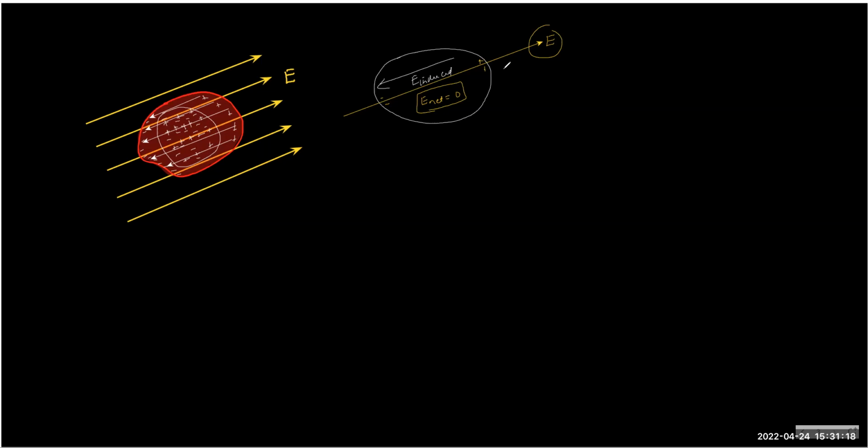The property of a conductor is to terminate all the field lines on its surface and re-emanate the lines from the surface itself. The bulk represents zero electric field, and the graphical way to represent zero electric field is to not draw any field lines. That's the whole idea.